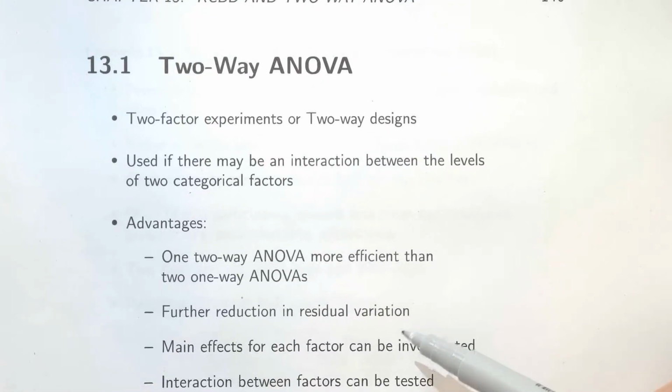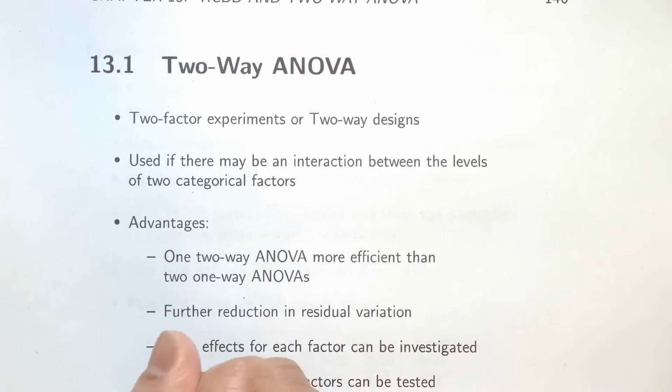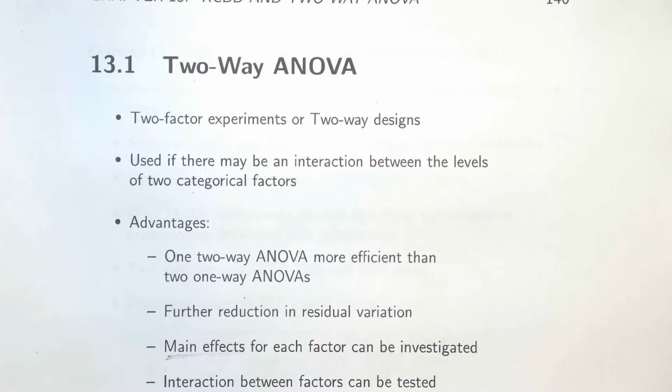The other advantage is that we get a further reduction in residual variation, certainly compared to doing a randomized complete block design, because some of that variation can be explained by that interaction. And so by having the full two-way ANOVA model, we can look at both main effects and interactions.